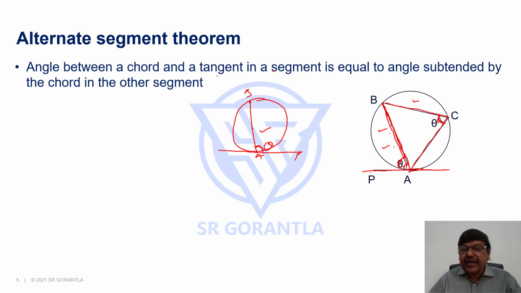The angle subtended by this chord in the other segment, this is going to be theta. This is what we call the alternate segment theorem because these two angles are in alternate segments. Right? Next one. Angle PAB equals angle ACB. They should be in different segments.